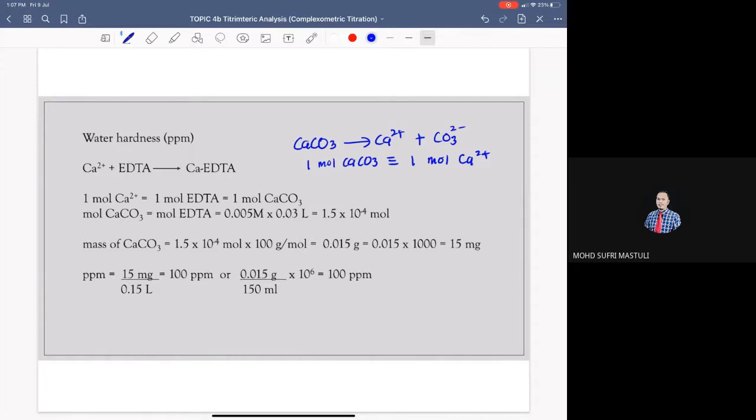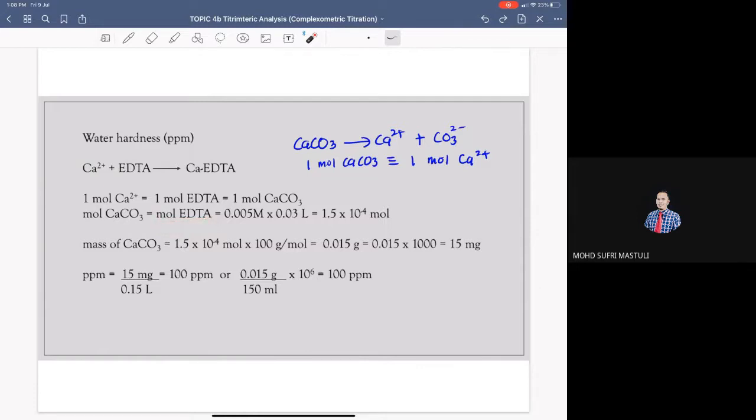All right. As I mentioned just now, 1 mole of Ca reacted with 1 mole of EDTA, and 1 mole of calcium carbonate also corresponds to 1 mole of Ca. So we can calculate the moles of calcium carbonate directly from the moles of EDTA.